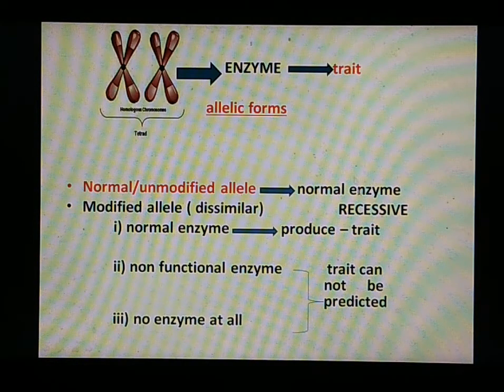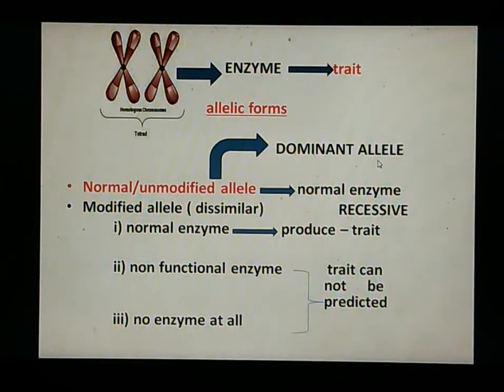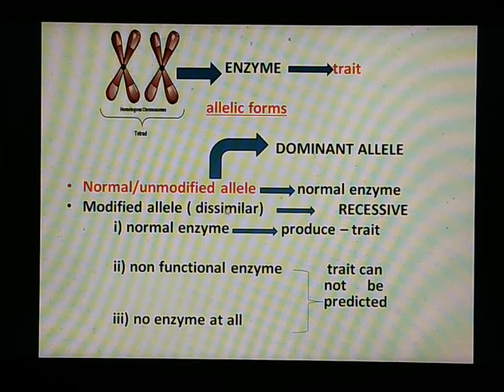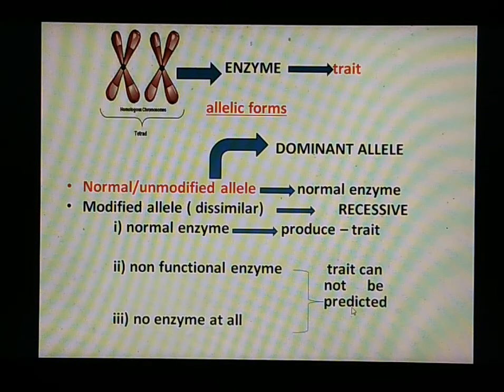So what we see from this example is that the unmodified allele, since it gives the normal enzyme and will give a particular trait, is the dominant allele. Whereas the modified allele, because of some mutation, is called the recessive one, because it is not able to express itself properly. If it produces a normal enzyme, then it is okay, but if it is a non-functional enzyme, or it doesn't produce any enzyme, then it becomes very difficult to predict that trait.